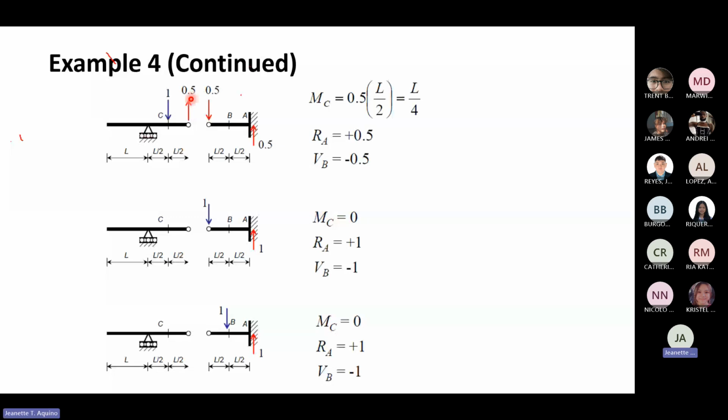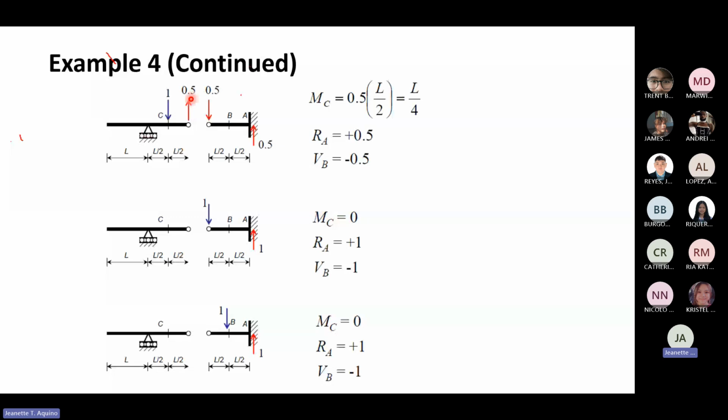If your load is moved again, here, then you take the moment at C, there's no load here, so it will be 0. And we only have one load, so RA will be +1, and the shear here VB is -1.